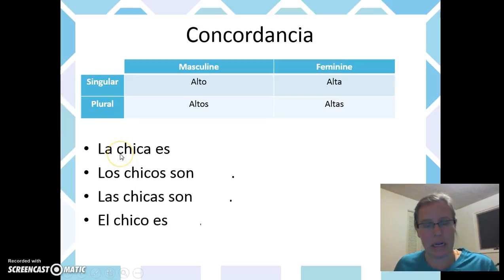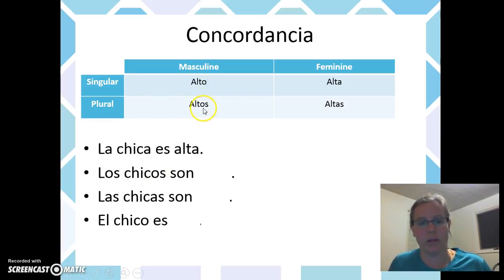If we're describing la chica, we can see that that's a singular word and then it's feminine because it starts with la. So we have to use the singular feminine version, alta, right? Los chicos, that's plural because we got those S's on there, son, and it's masculine because it's los, so we're going to use altos.